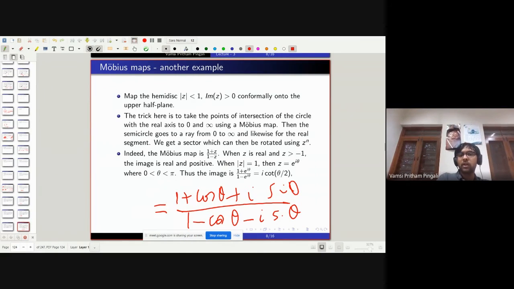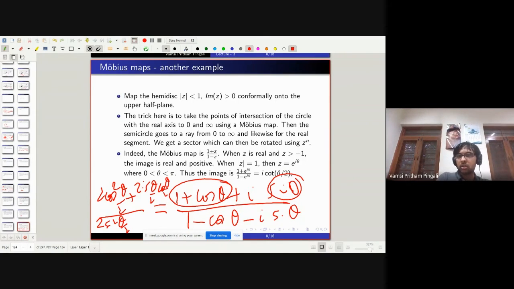This you can simplify. 1 plus cos theta is 2 cos squared theta by 2, plus sine theta is 2 sine theta by 2 cos theta by 2, over 2 sine squared theta by 2 minus 2i sine theta by 2 cos theta by 2.